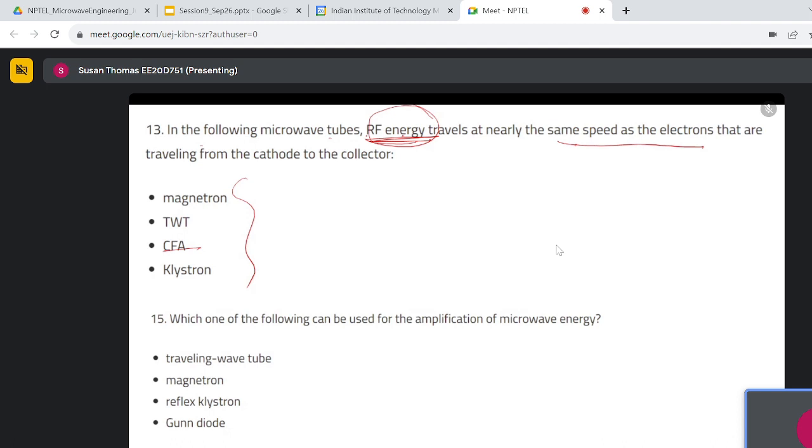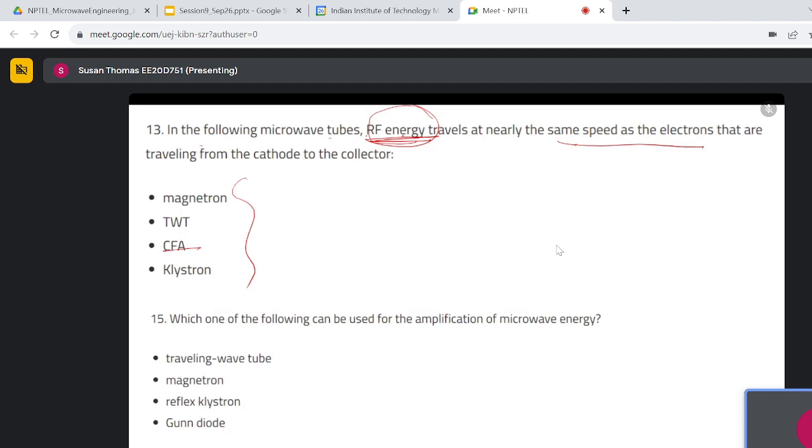Initially we had the klystron. If you remember, there was velocity modulation and bunching of electrons. The RF energy is propagated, and the electron speed is not the same there.